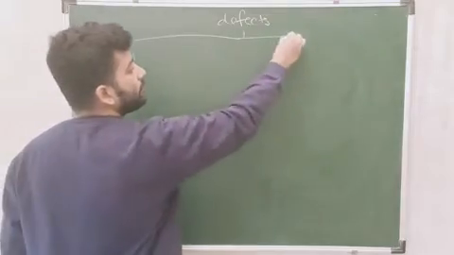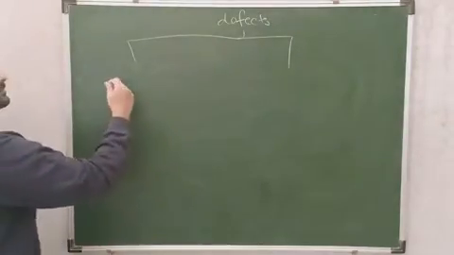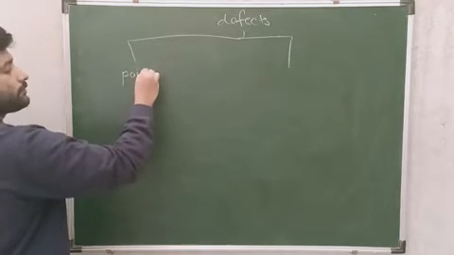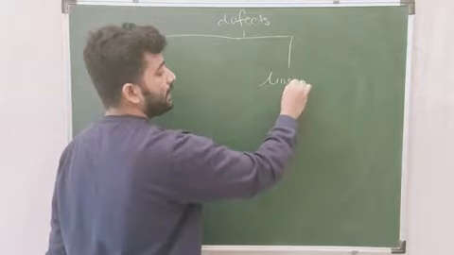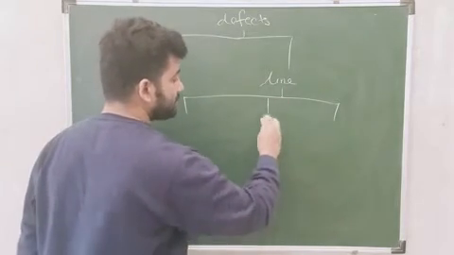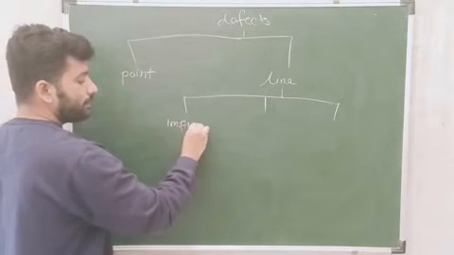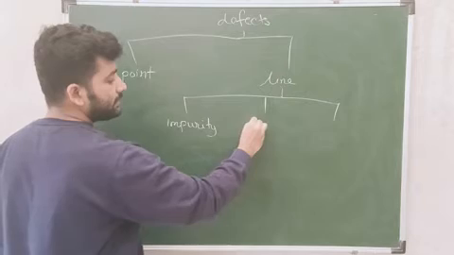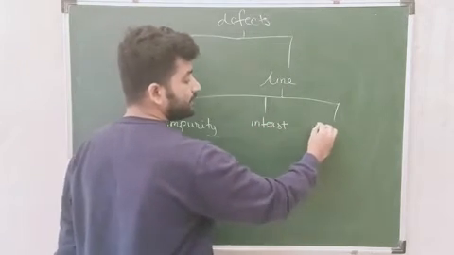Defects are of two types: point defect and line defect. This line defect is divided into three parts: impurity defect, interstitial defect, and vacancy defect.